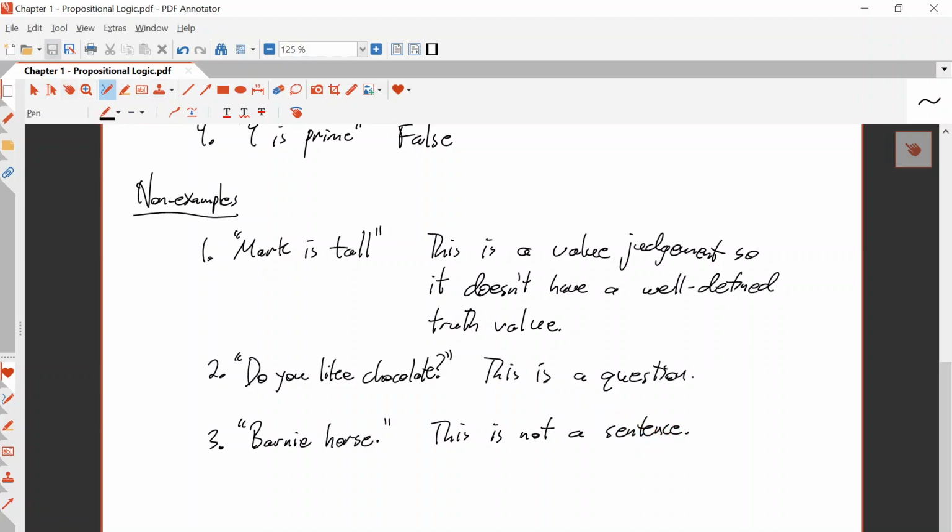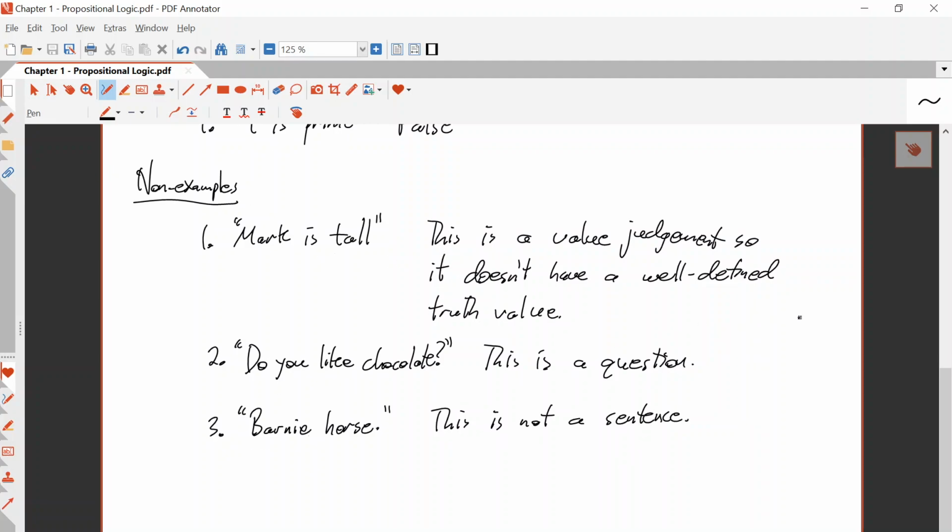And at the very least, a sentence has a subject, a verb, and a predicate. Predicate is kind of a loaded word in logic, but subject, verb, and a predicate. So Mark is tall. Mark runs fast. Mark has black hair, whatever it might be.